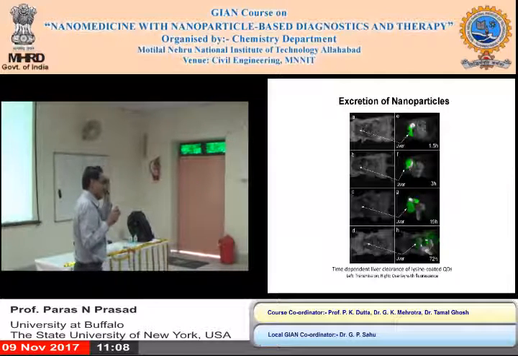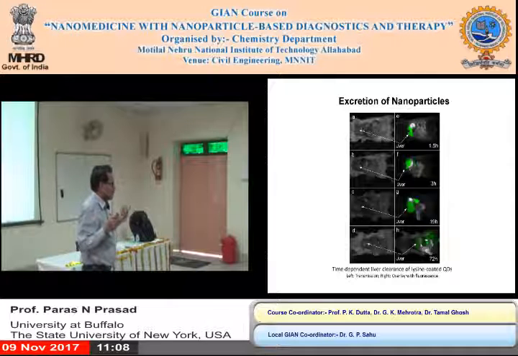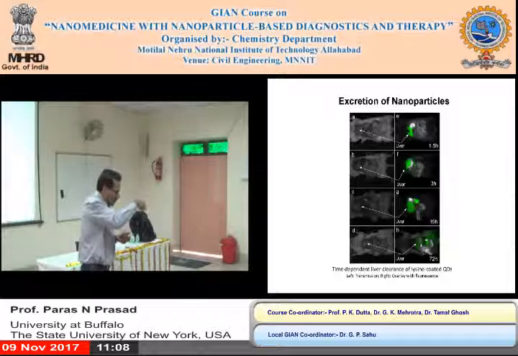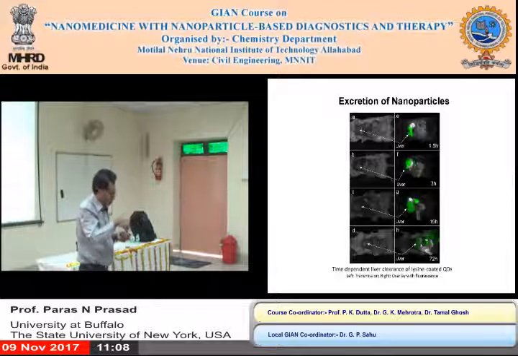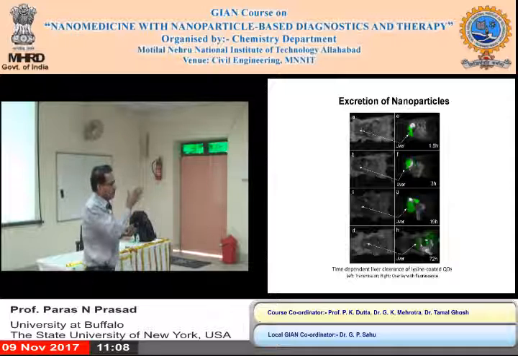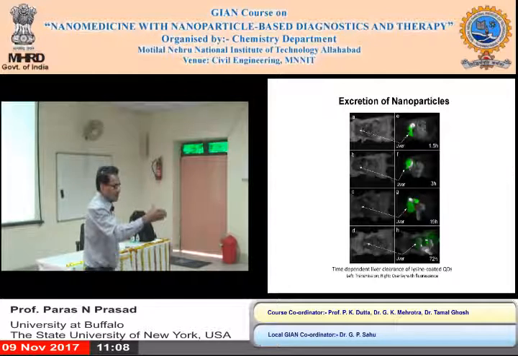So one way is to look at the imaging of the whole animal, and you can do that optically. The other one is that you sacrifice the animal and you look at different organs, and in each organ you excite with light and look for whether there is any emission coming out, any nanoparticle here, any nanoparticle there. So you can sacrifice some mice one day, and another batch 3 days later.